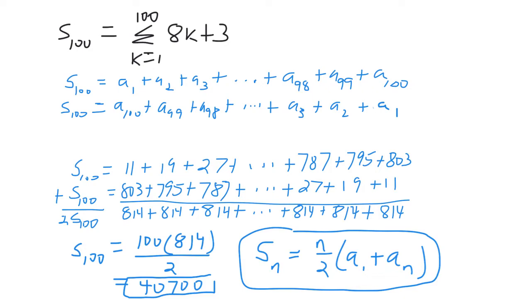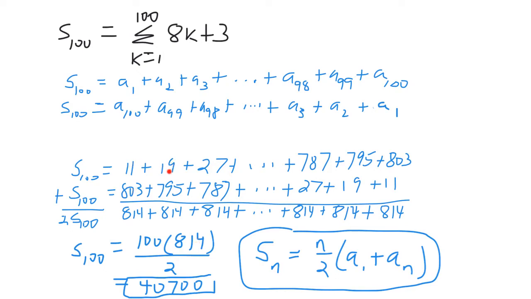But even better than that, I now have a formula that I can use based off of this process here, which I can use for any arithmetic finite series and get an answer. 100 because there's 100 terms. Divide by 2 because I had 2 sums that I used in my little strategy here. 814, that's the first term plus the last term.